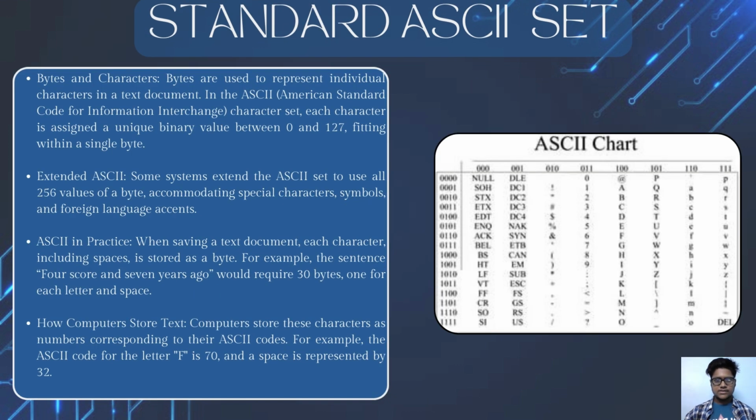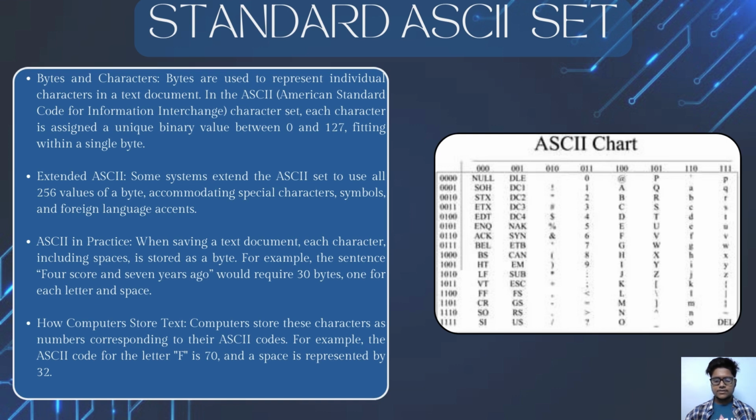Now, let's understand the standard ASCII set. The ASCII character set is a standard used to assign numbers to text characters. ASCII stands for American Standard Code for Information Interchange. Now let's consider an example.